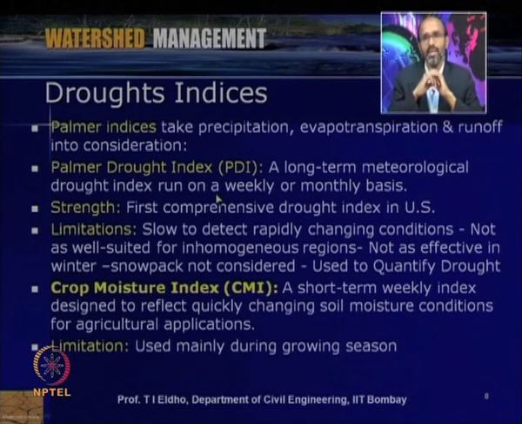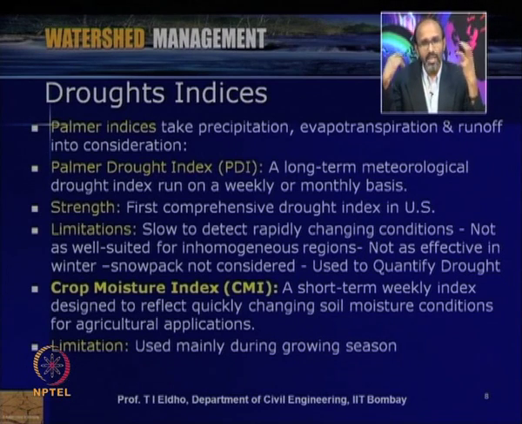Depending upon the analysis, we can have the drought index on either a weekly or a monthly basis. This is one of the first comprehensive drought indices, started to be used in the USA in the 1960s.